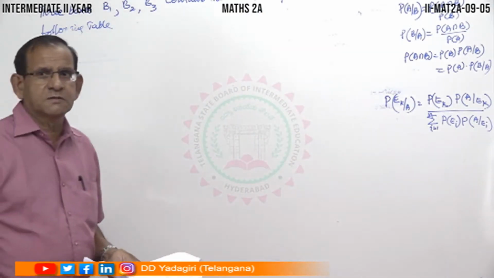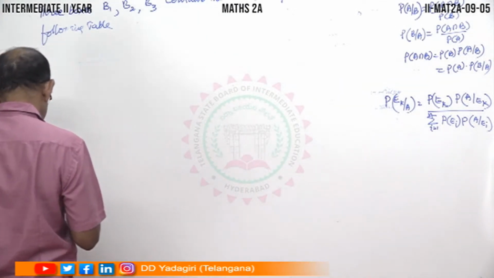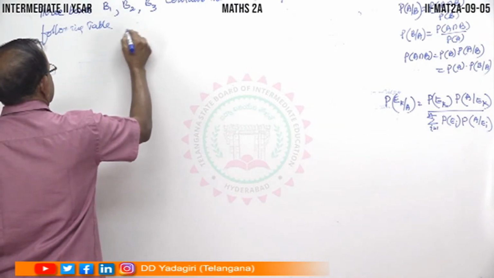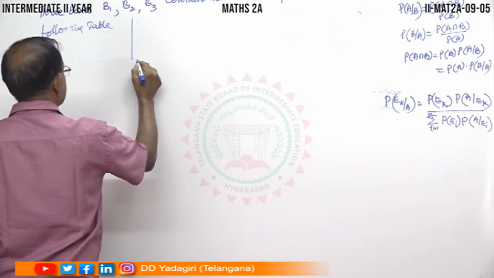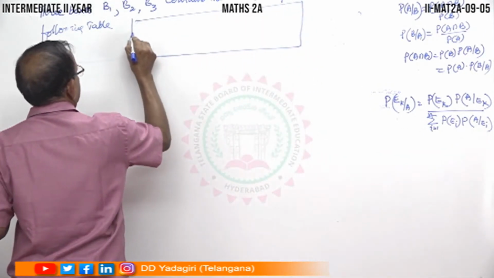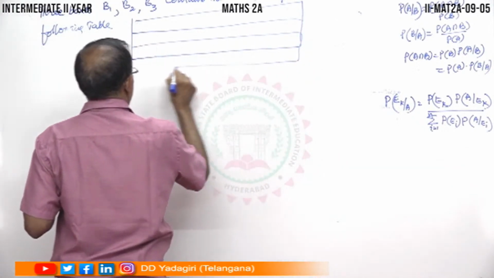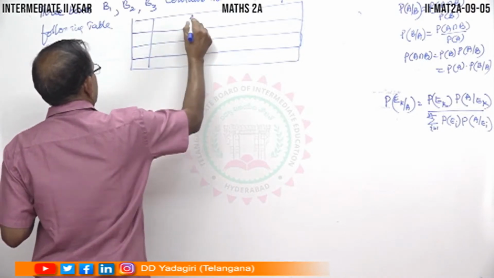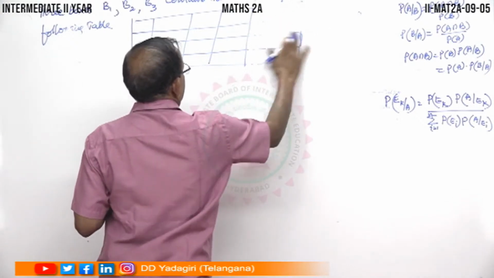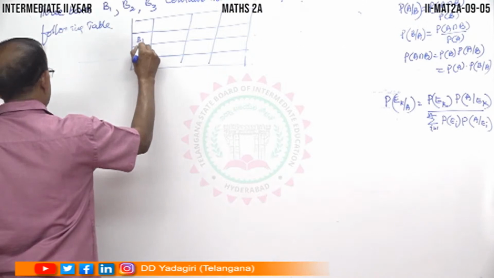I'll explain one more sum. 3 boxes, again B1, B2, B3, are having the balls as per the table. This is B1.